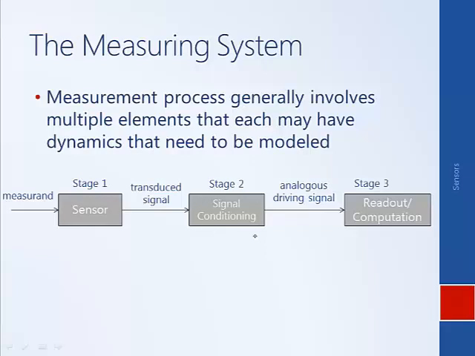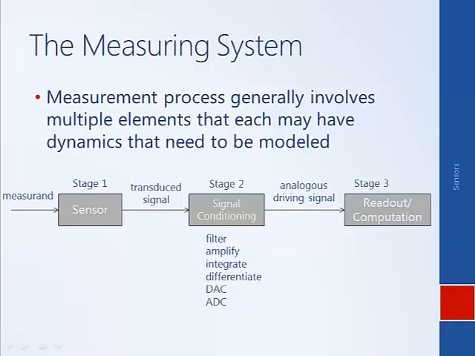We also may need to do some signal conditioning on the output of the sensor. For example, we may want to filter the output of the sensor to get rid of noise. We may want to amplify the signal to make it larger in order to drive an actuator or in order to improve the signal to noise ratio.